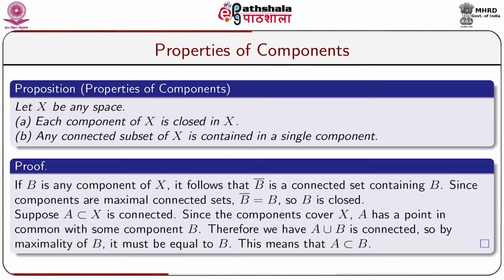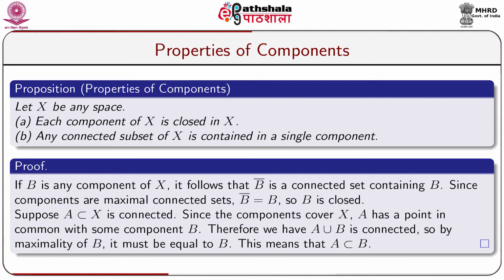Now let us discuss some properties of components. For a topological space X, each component is a closed subset of X, and any connected subset of X is contained in a single component.